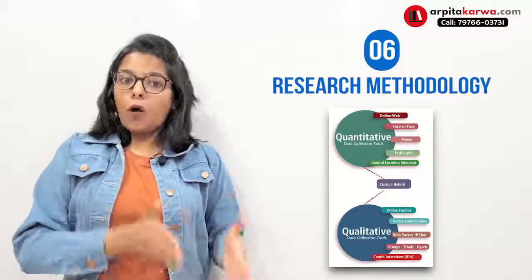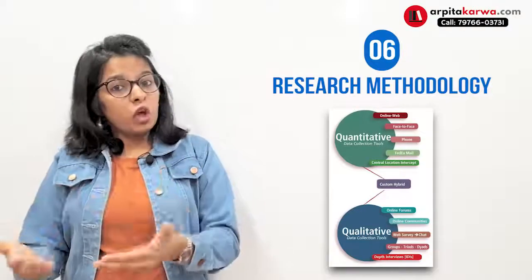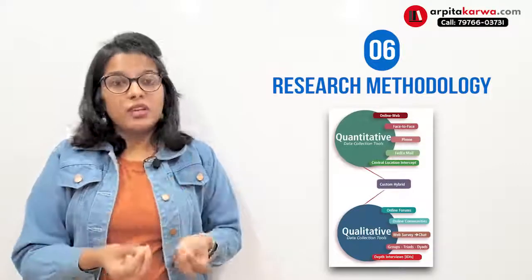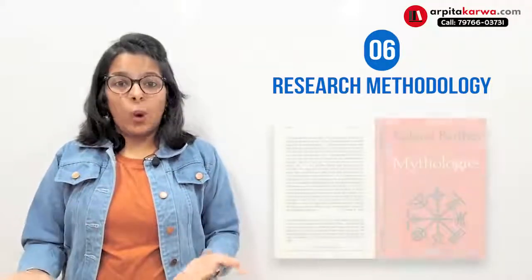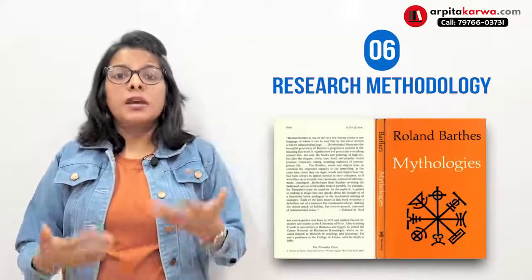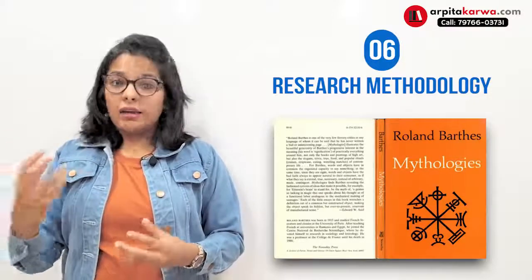In the case of literature, you're going to mention different theories and different theorists, whose theories you would be using and researching upon. If I'm doing research on mythology, I might use Roland Barthes' Mythologies, the work and the key ideas given in that work.